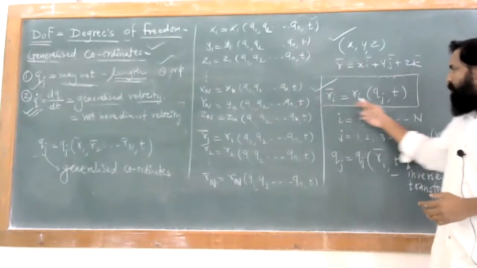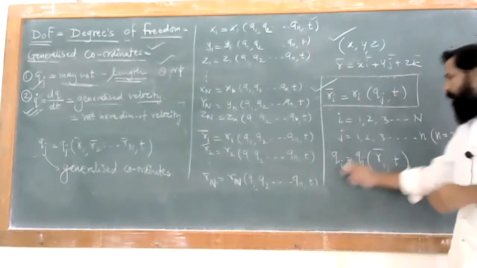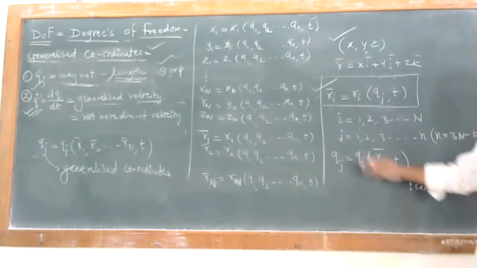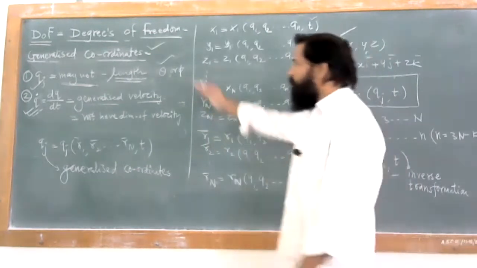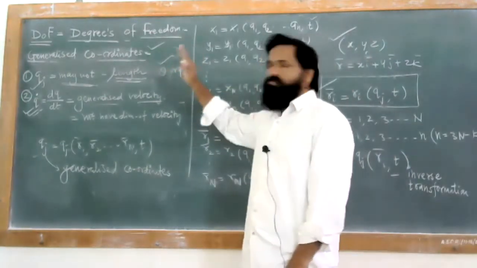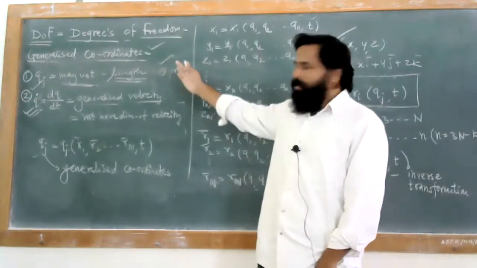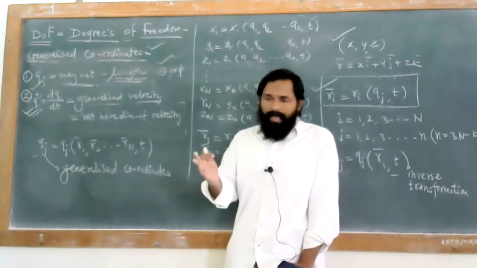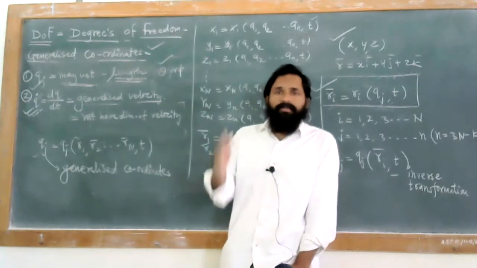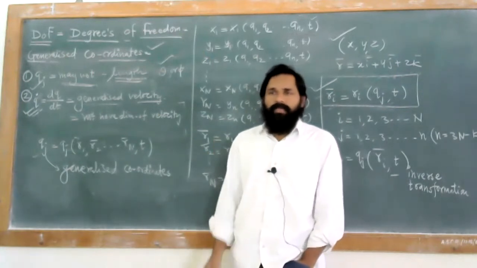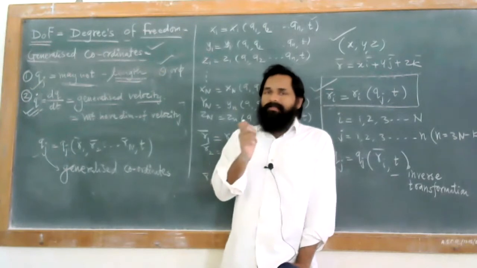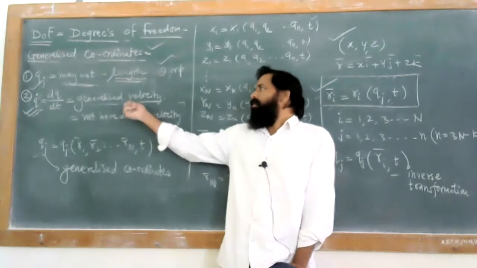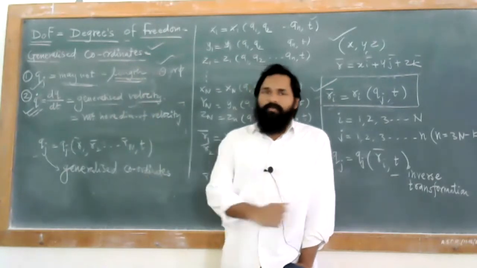So you can express your position in terms of generalized coordinates, or you can say we can express your generalized coordinates in terms of position. So we'll have these 2 to 3 important points. The first one, Qj, that may not necessarily have a dimensions of length. Okay, it may be an angle theta or phi, or it can be any physical quantity. Second important point, as it is not having the dimensions of length, the velocity q dot is equal to dq by dt.